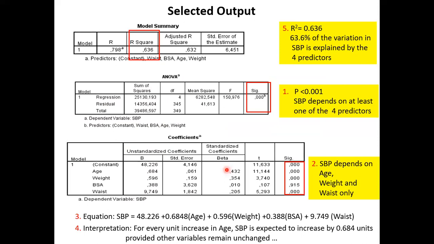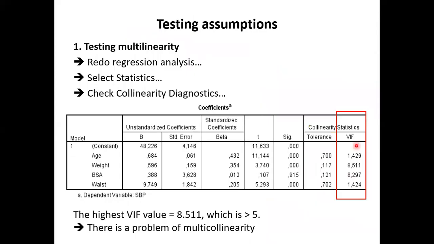You do regression, and it's not complete yet. Now we look at the VIF. The highest value is 8.5, which is more than 5. Therefore, you confirm there is a problem. On the scatter plot and correlation we saw some evidence, and now we confirm it is a problem.